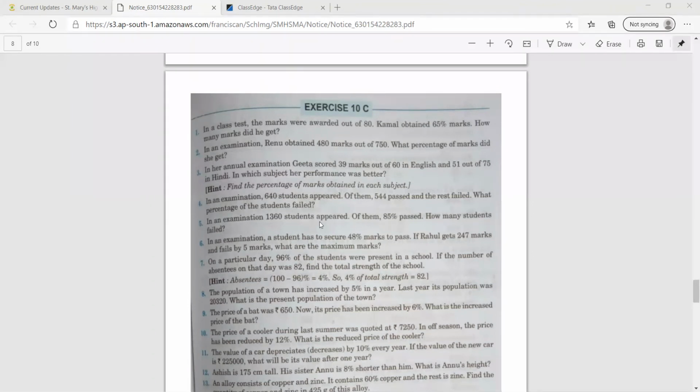So you will do 85% of 1360. Then you will get the number of students who passed. But we still will not get our answer because the question asked is how many students failed. Now we know the total number of students. We know how many students have passed. So very easy to find out the number of students failed. Just subtract.